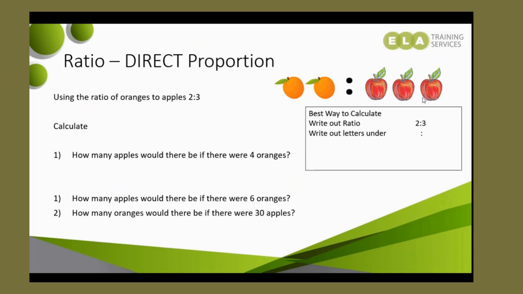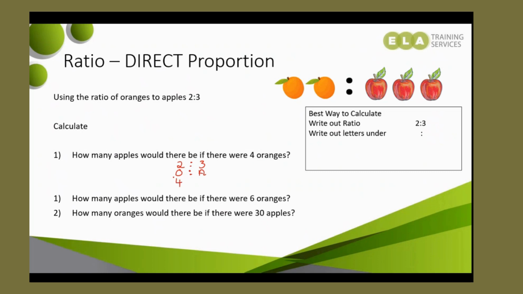So using the ratio of oranges to apples as 2 to 3, how many apples would there be if there were 4 oranges? So let's have a look. Write out the ratio, so 2 to 3, and write the letters out under. So we know 2 is oranges and 3 is apples. Now we know that we need 4 oranges.